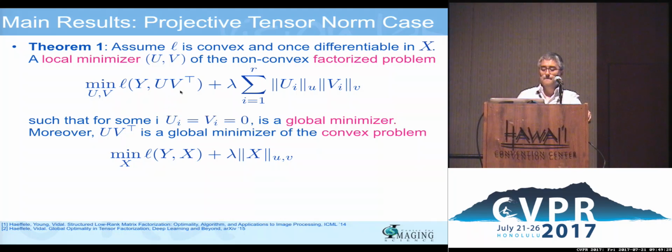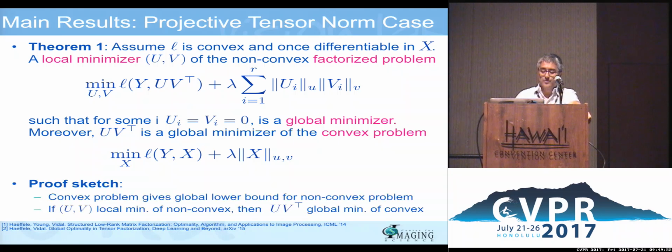Moreover, if you take the multiplication of that U and V that you obtained, that gives you a global minimum for the convex one. So the two problems are not equivalent, but they're intimately related. The global minima of the convex and the non-convex problems are the same, and in fact they're just related: the product of U and V gives you the global minimum for X. The proof is maybe long, but let me just write two bullet points here.